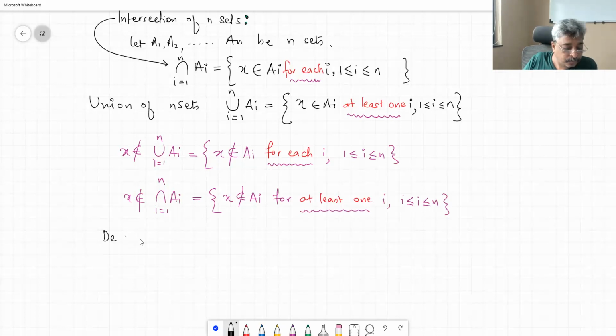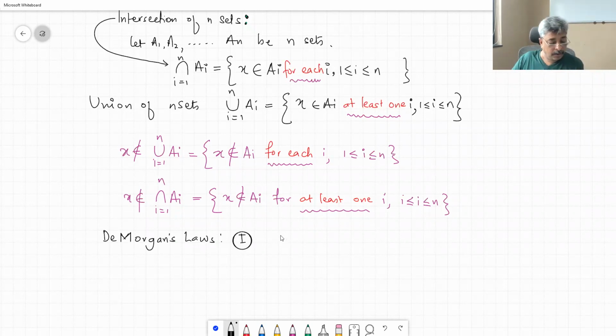De Morgan's, first law. Union of i goes from 1 to n Ai complement is equal to intersection of i goes from 1 to n Ai complement.